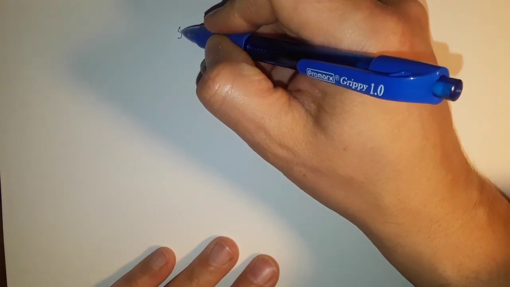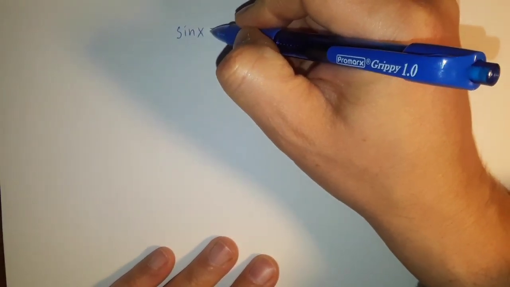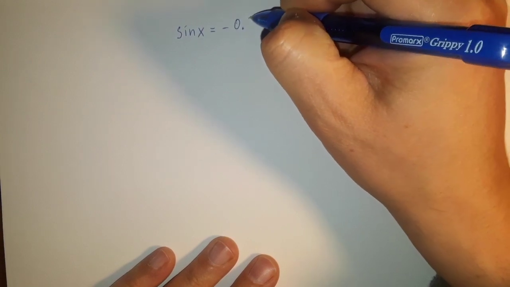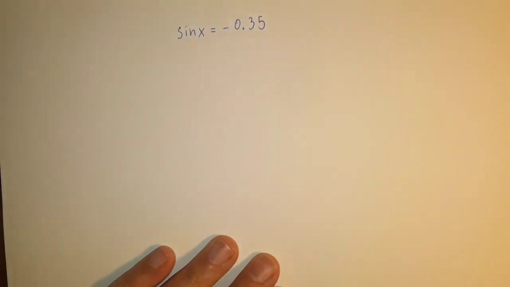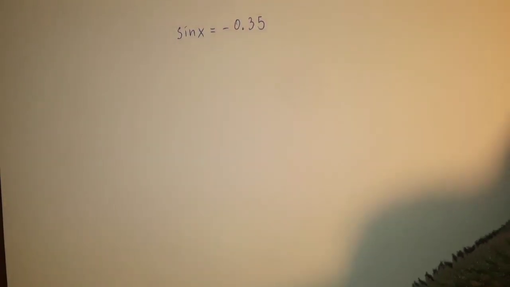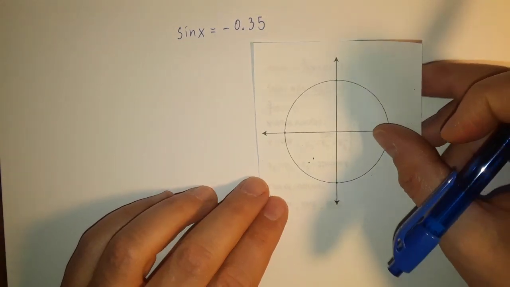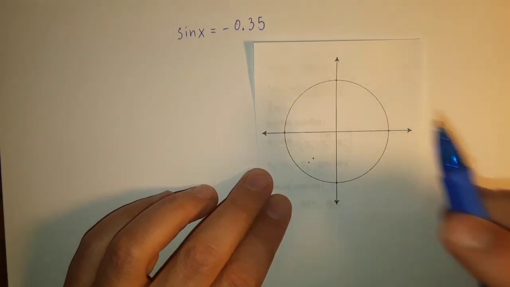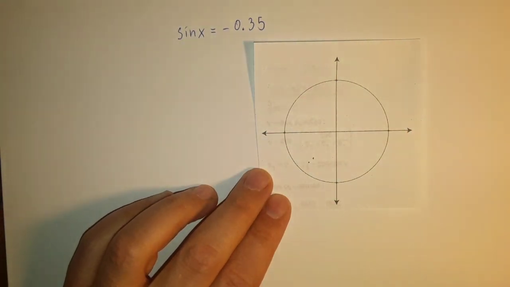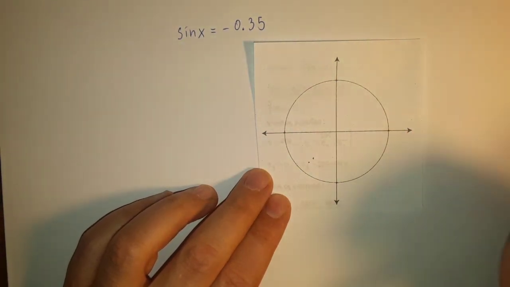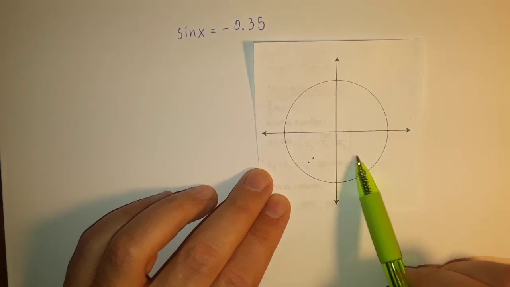So let's write the equation here. We have sine of x equals negative 0.35, right? Let's think about it. As we said before, the sine is negative when it's in the third or the fourth quadrant.